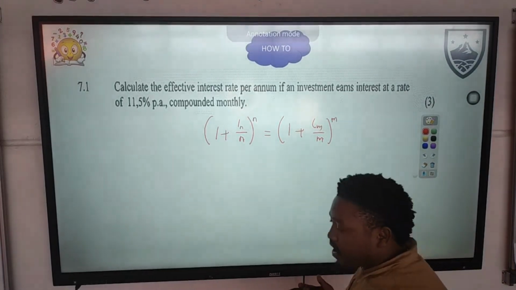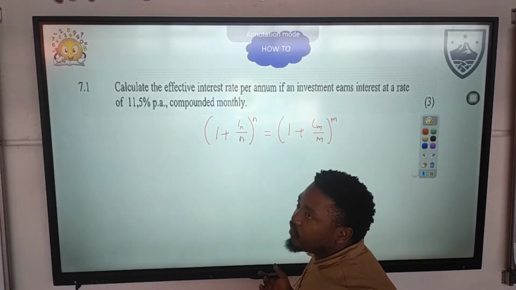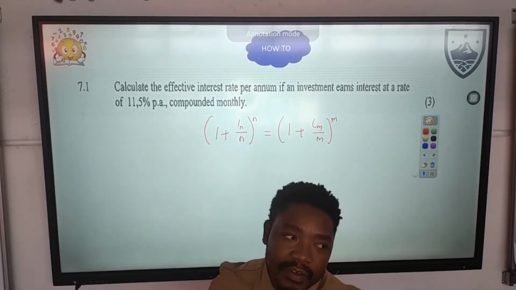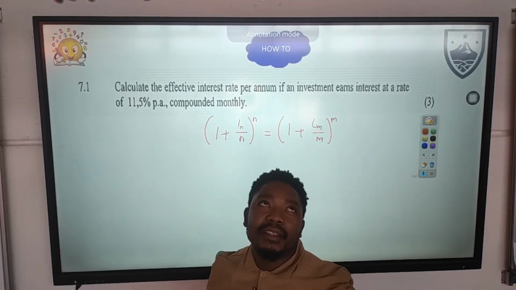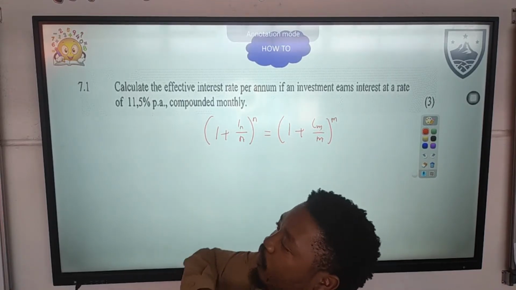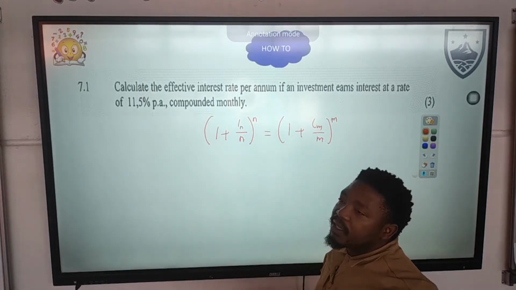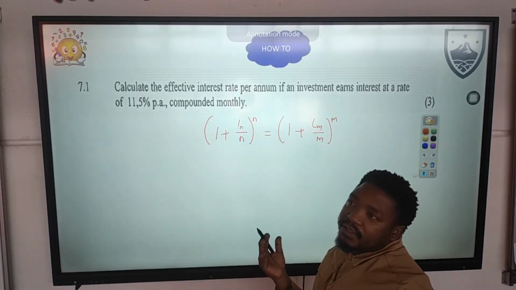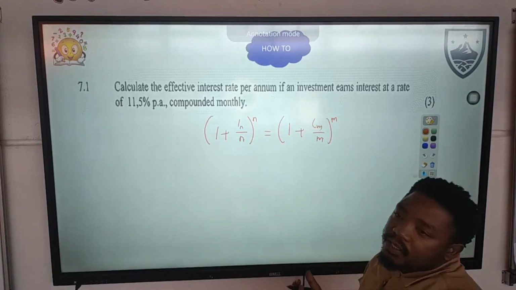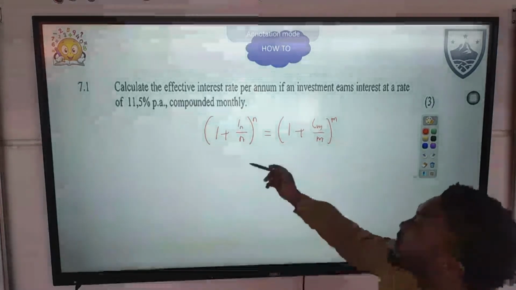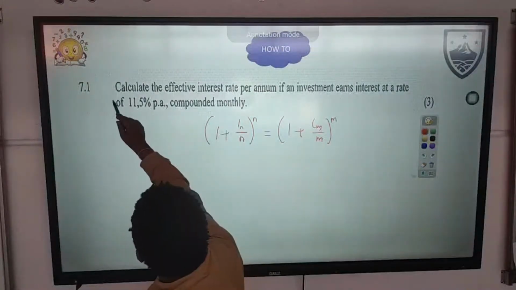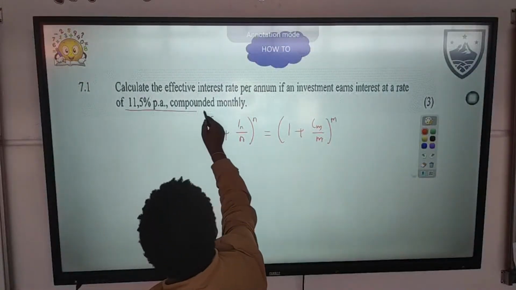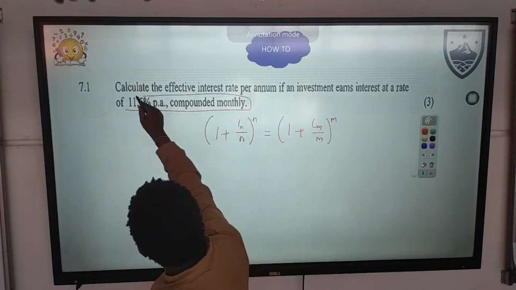Let's say you are given an interest rate compounded monthly. You need to convert it to compounded maybe semi-annually. For example, before we answer the question, let's say we have 11% compounded monthly.